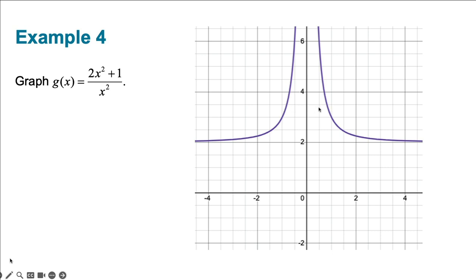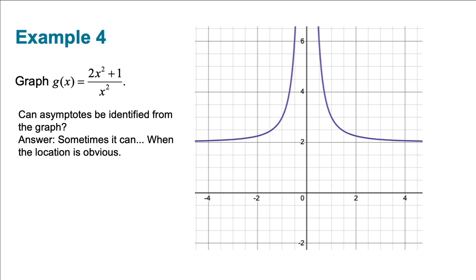It's symmetric with respect to the y-axis, and you can tell that it is because in the function we have an x squared and an x squared. So whenever the powers of x are even, we have symmetry with respect to the y-axis. Can the asymptotes be identified from the graph?